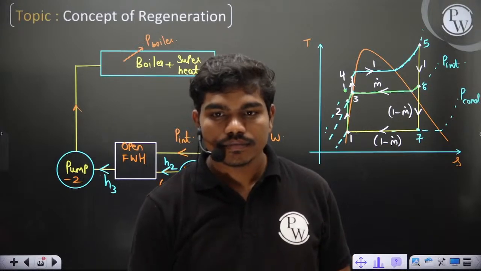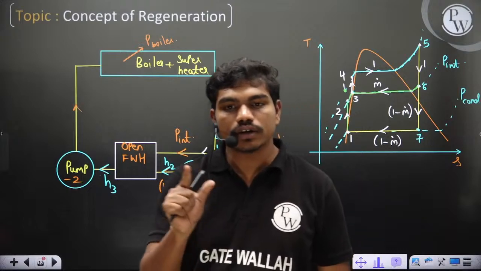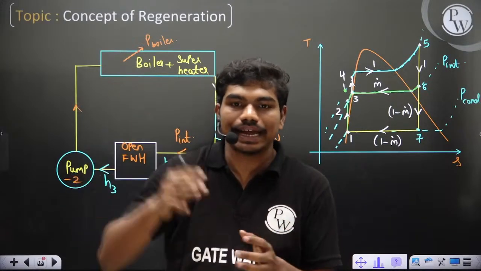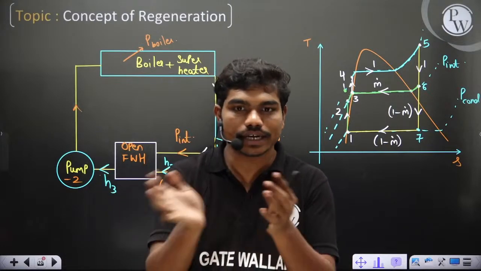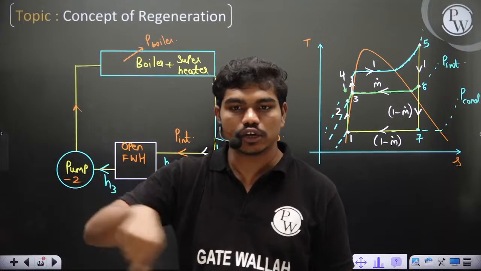Clear? Did you understand? Heat will not leak from the feed water heater. Because the heat available with the complete steam should mix with water and get transferred to water. Clear? There is nothing which is crossing the control surface.